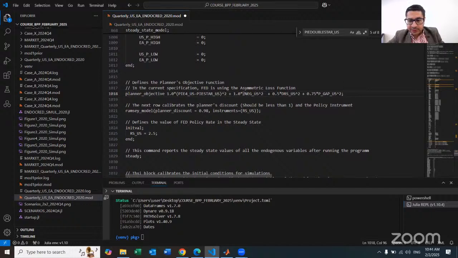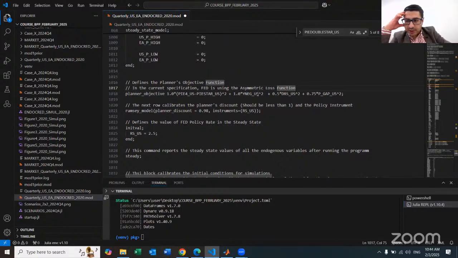But here, for the case of the Fed, we are choosing that the Fed cares about the negative output gap and doesn't care about the positive output gap. That's why we have y neg, putting the negative values of the output gap in the loss function.